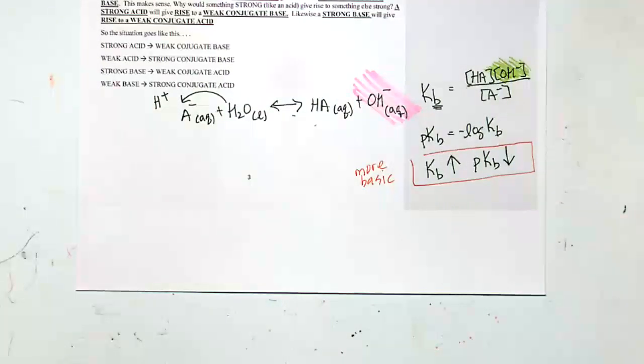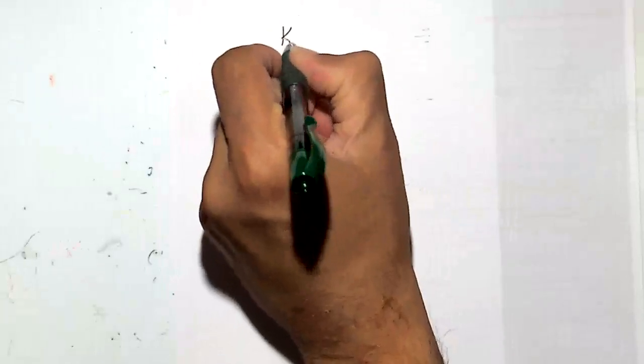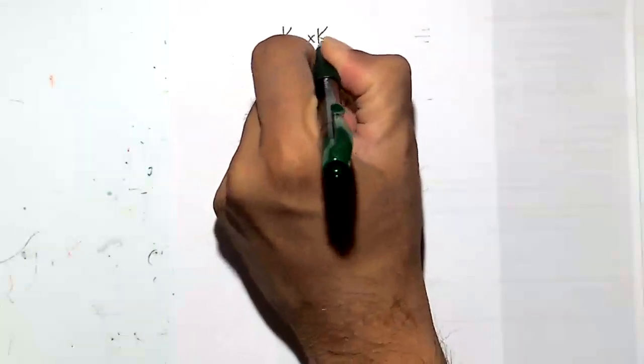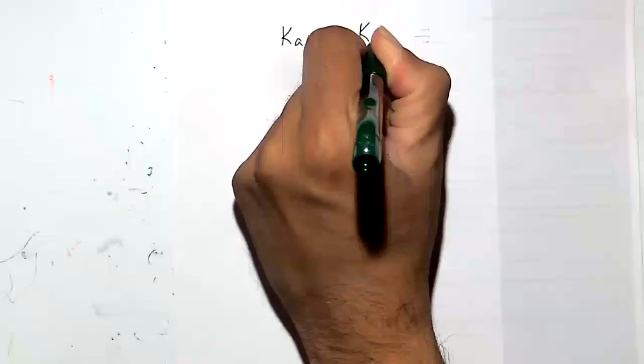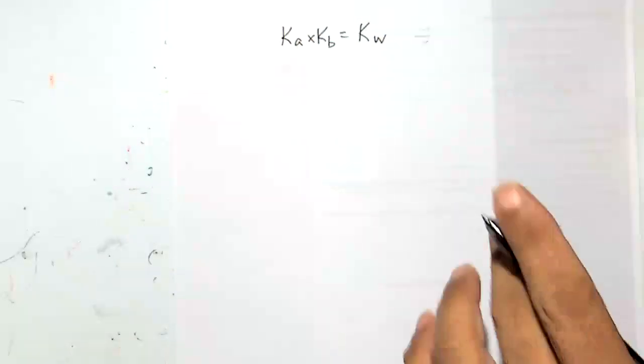I do not know if we derive this equation here, but I'll go ahead and tell you it. There is a relationship between Ka and Kb, and that is Ka times Kb is going to equal Kw.